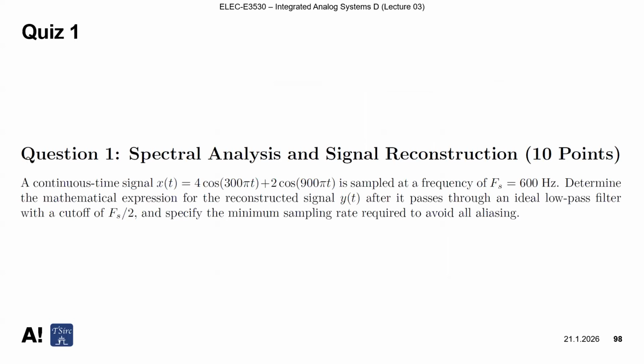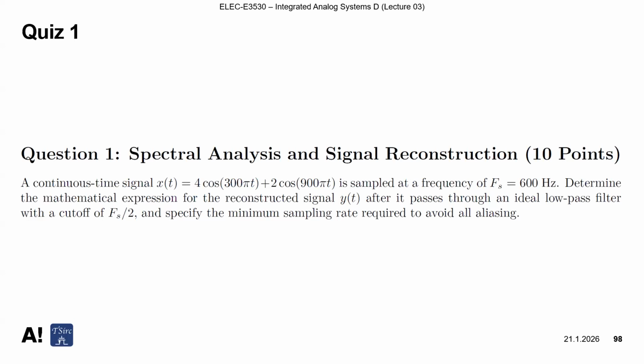So question one was spectral analysis and signal reconstruction. The continuous time signal x(t) equal to 4 times cosine of something is sampled at a sampling rate of 600 Hz. Determine the mathematical expression for the reconstructed signal after it passes through an ideal low-pass filter with cutoff at the Nyquist rate, and specify the minimum sampling rate required to avoid aliasing.